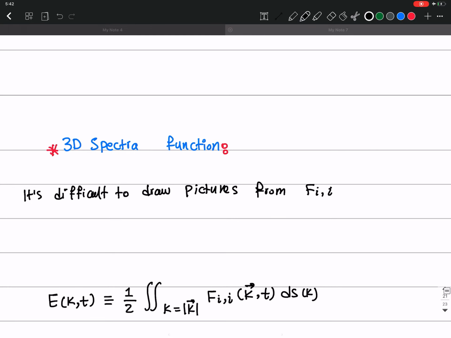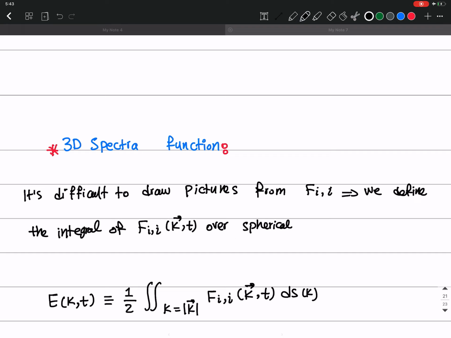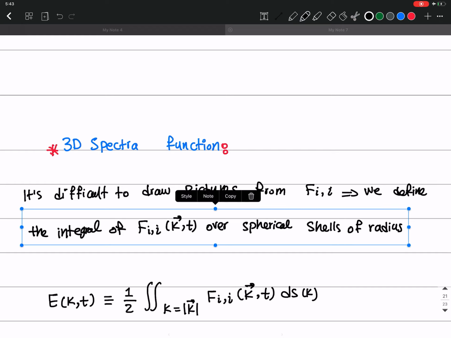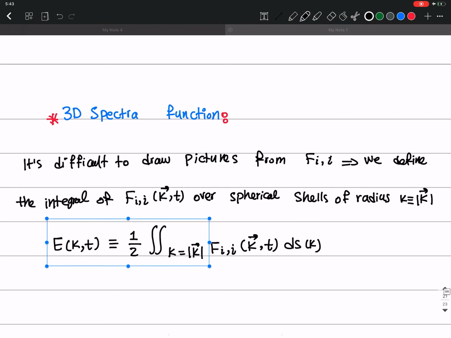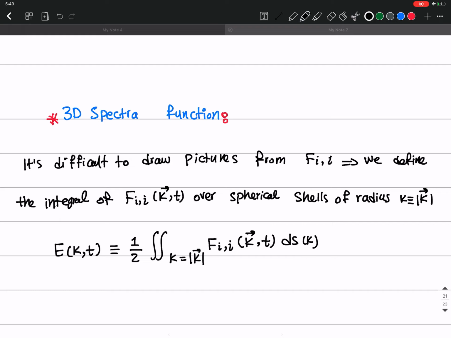So we define the integral of Fii(k,t) over spherical shells of radius k equals the absolute value of k, using this formula here.